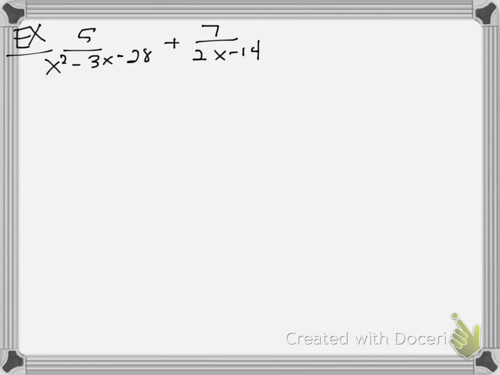We need to go ahead and factor the bottom. So 5 over, 7 and 4. So 7 and 4. x minus 7 times x plus 4, plus 7 over what? 2 times x minus 7.